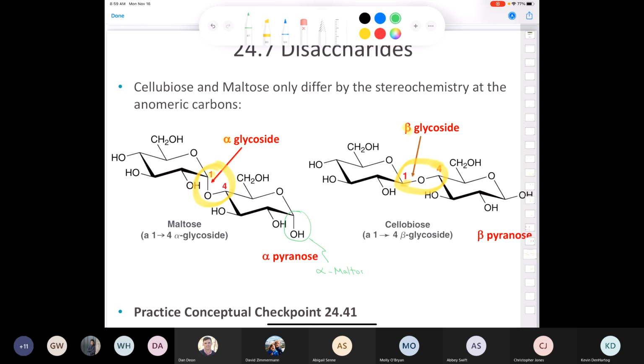And since the hydroxyl is pointing up here in the cellobiose, you would call this beta cellobiose. All right, so you need to know that maltose is made of 2 glucose units and that cellobiose is made of 2 glucose units, but their linkages are alpha 1,4 and beta 1,4 respectively.